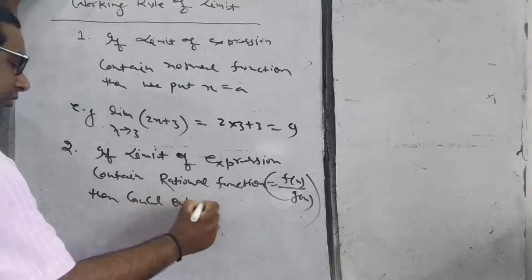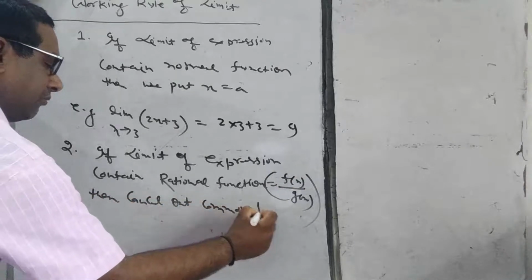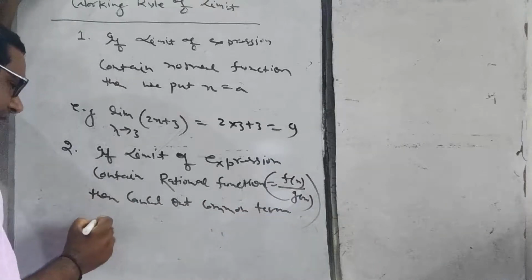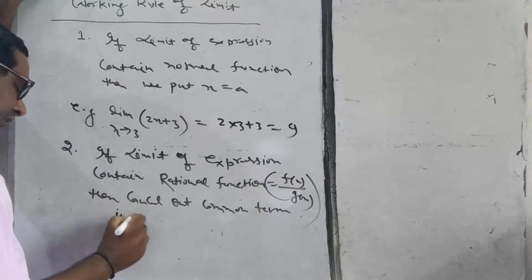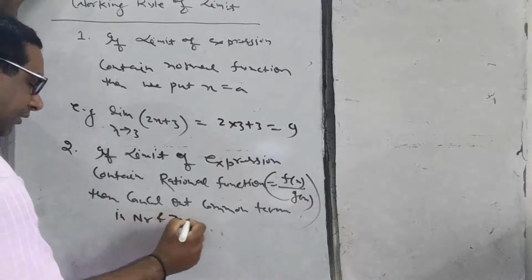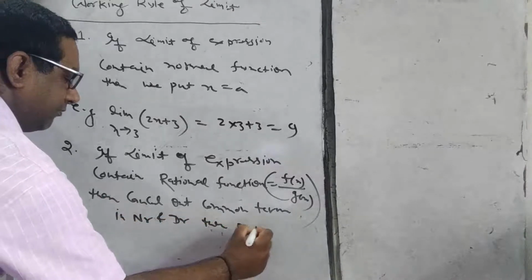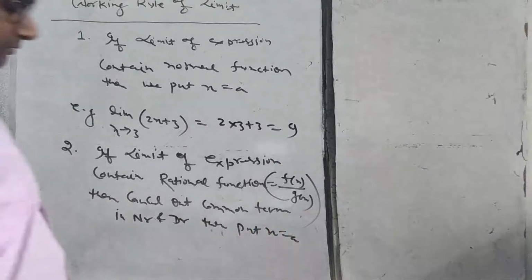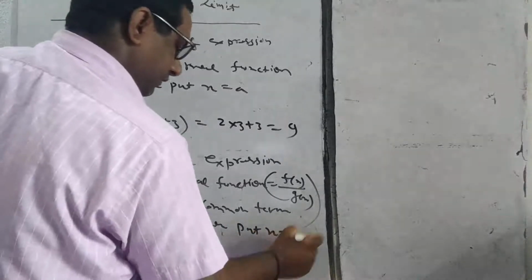Then cancel out the common term in numerator and denominator, and then put x equal to a.